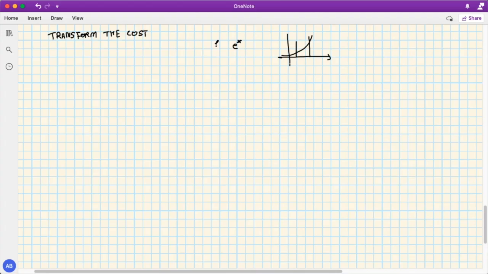So if you take the log of e to the x, then you're maximizing x, which would look something like this. So maximizing an increasing function of the cost is the same, intuitively speaking, as maximizing the cost.